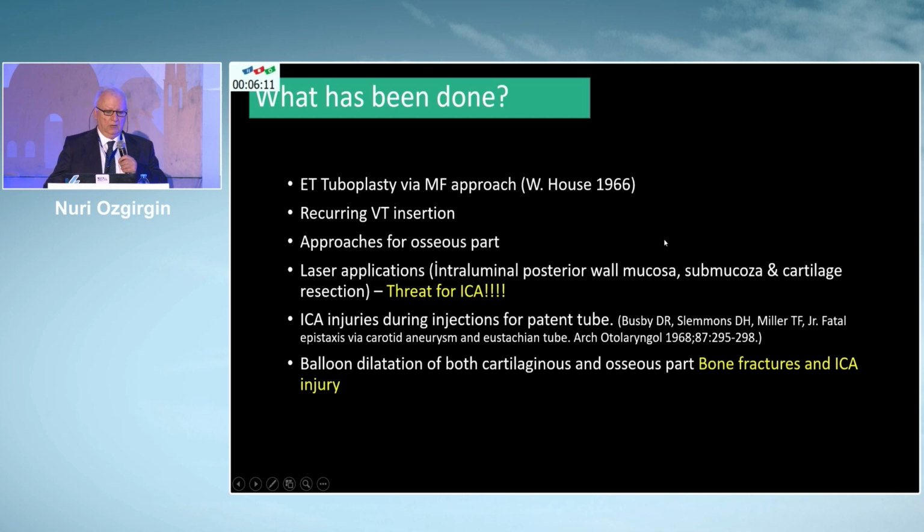What has been done until now? It was Eustachian tube tuboplasty by the middle fossa approach in 1966 by William House. We have always been witness to recurrent ventilation tube insertions in this problem. There have been approaches for the osseous part.